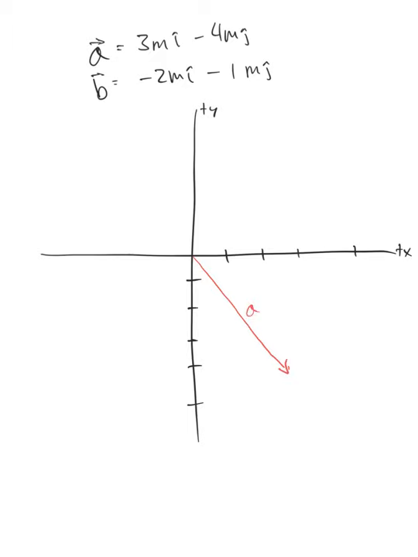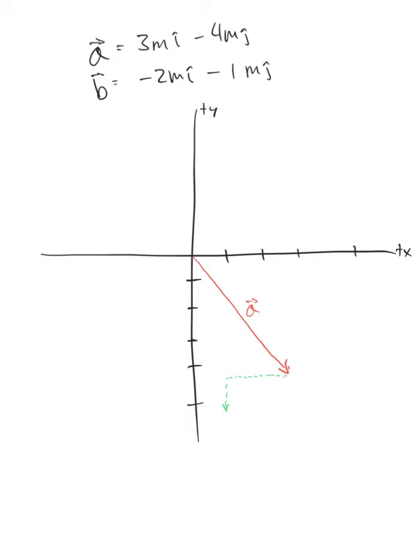And I want to add that vector to vector B. So the thing that I can do is I can draw A from the origin, and then I can draw vector B from the end of vector A. So I can take vector B, which points negative 2 meters in the x direction, so it's going to go 2 meters this way, negative 1 meter in the y direction, so it's going to go 1 meter down.